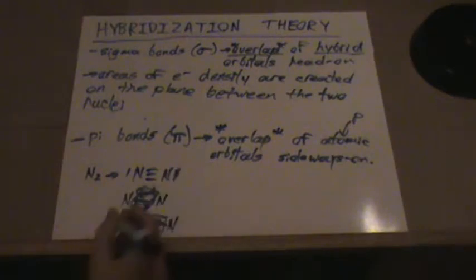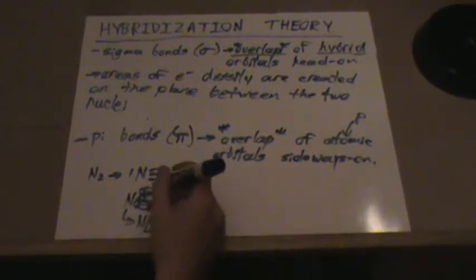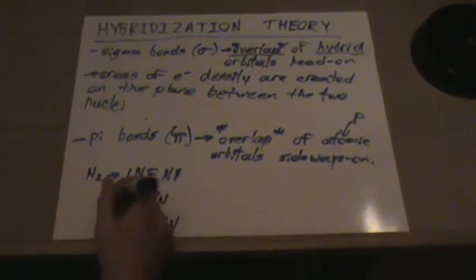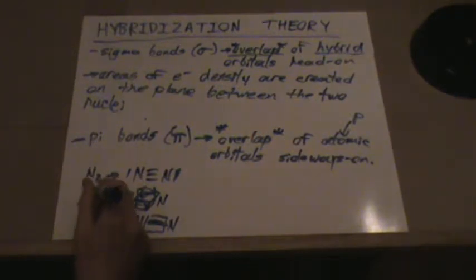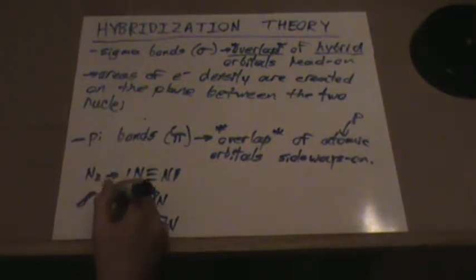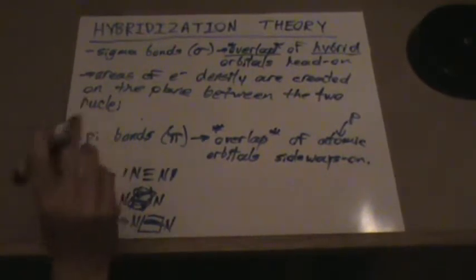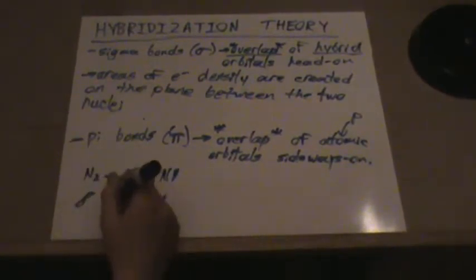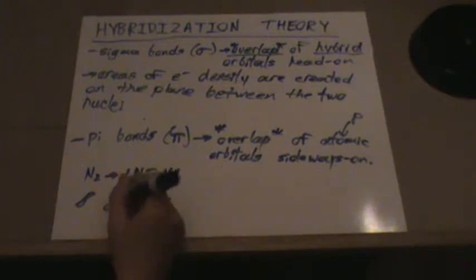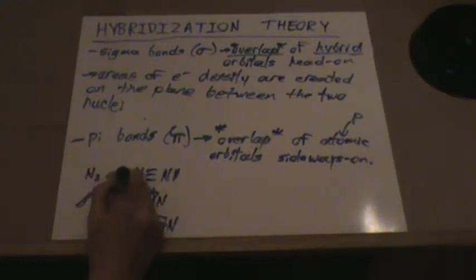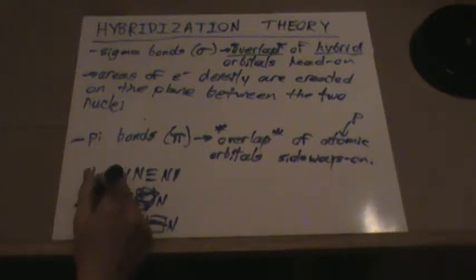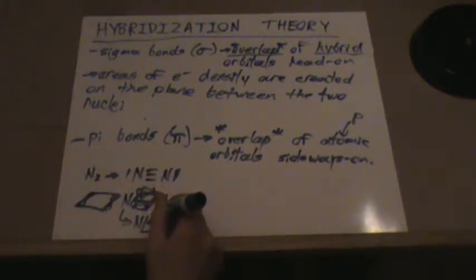But this second pi bond, because this second p orbital is going to be leaned more this way, as we know the p orbitals are vertical, horizontal, and diagonal. This second pi bond is going to be lined up like this and create a shape a little bit like this.